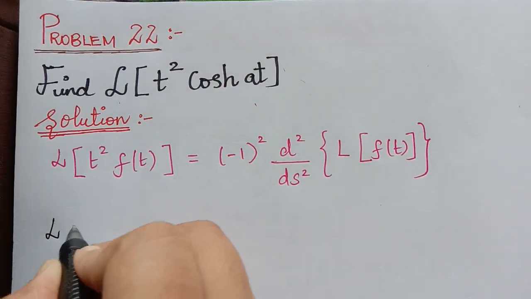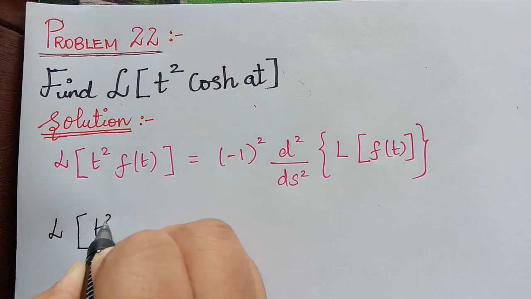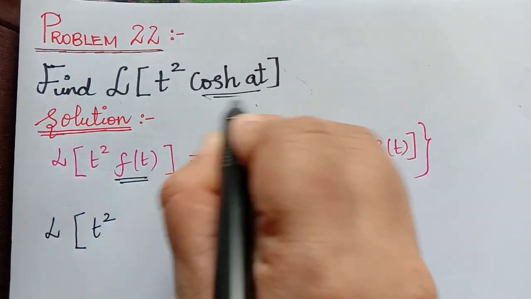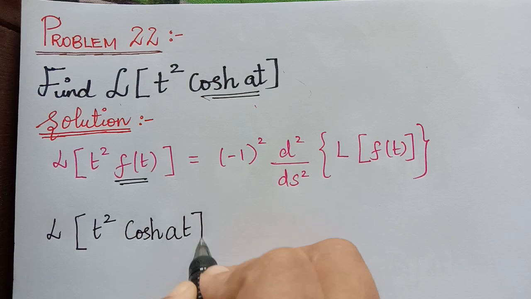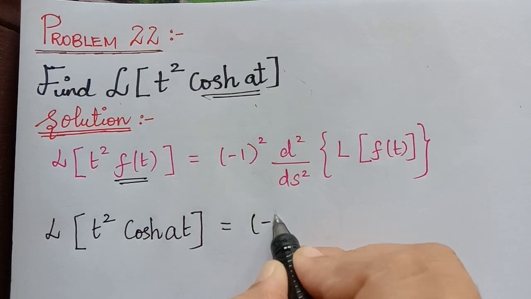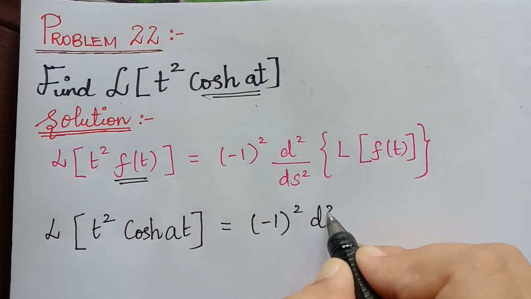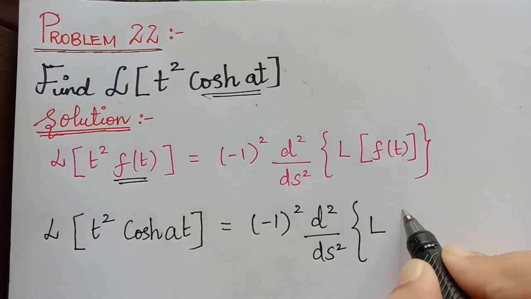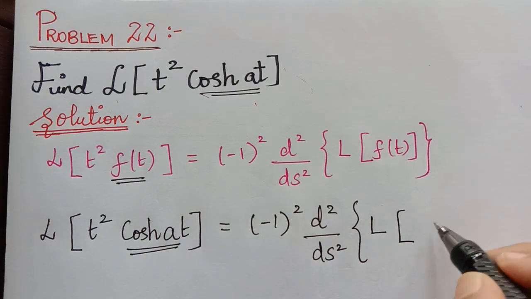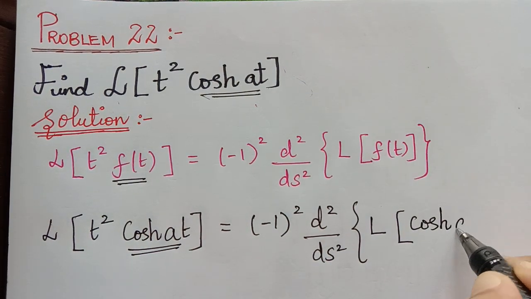So what we will get is Laplace transform of t square, instead of f of t, we are having cos h at. And so that is equal to negative 1 the whole square d square by ds square of L of f of t. But what is f of t? Cos h at.